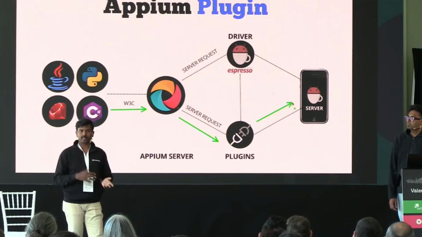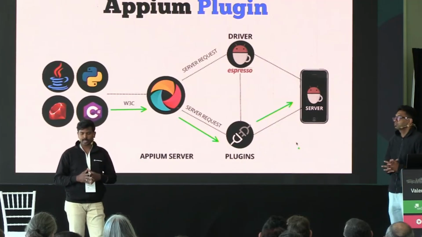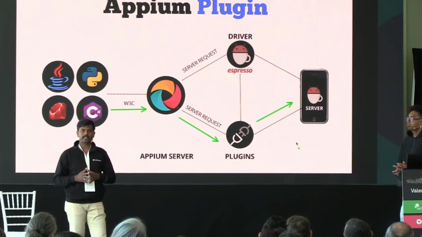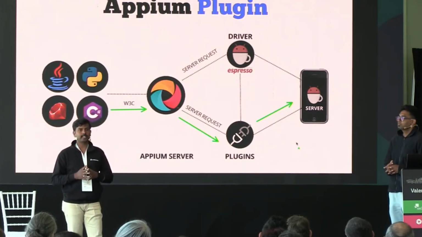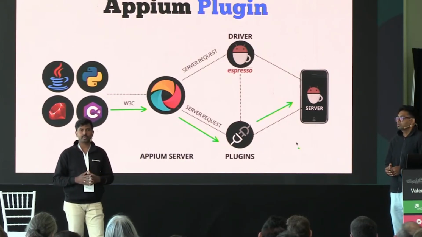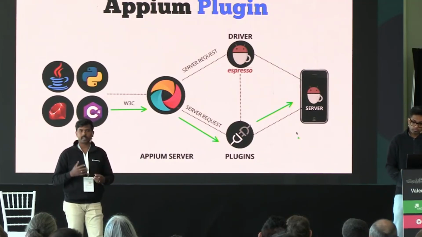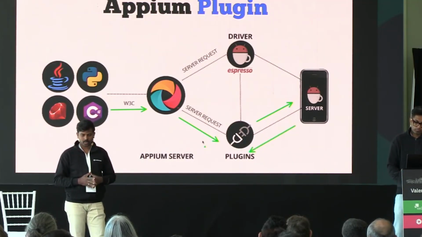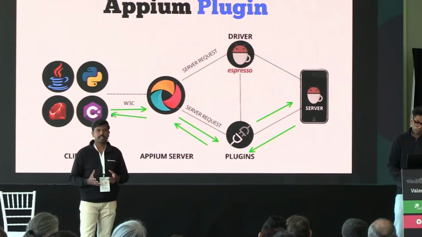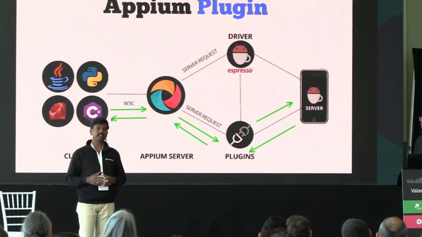So it sends back the command, and now the plugin can do two things. It sends the command back to the driver, or it takes the responsibility of sending the W3C contract back to the Appium server in a structured format, so that clients can understand whether it is 200, 500, or whatever. So a plugin in a nutshell can help you introduce new commands, and can also override existing commands.